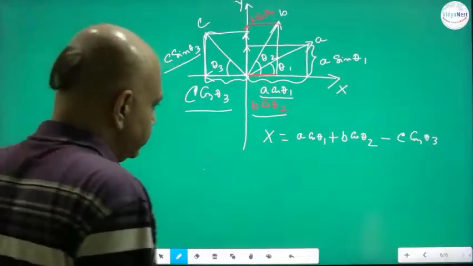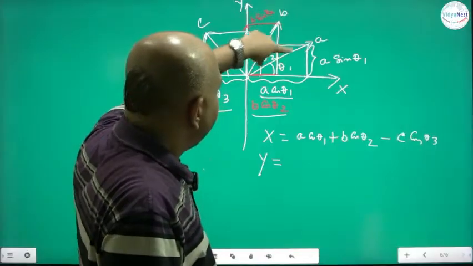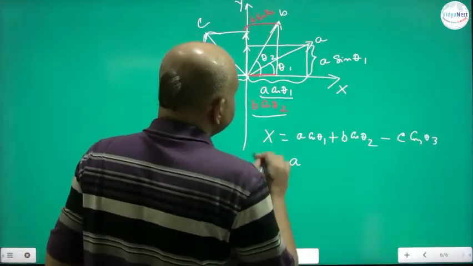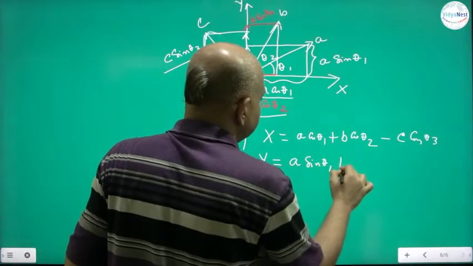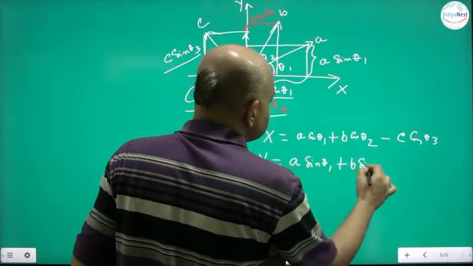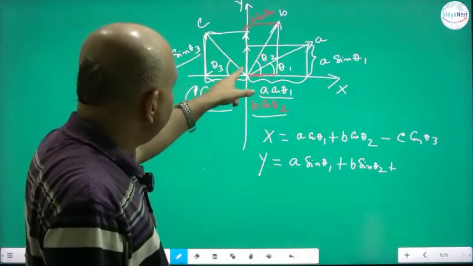Is it clear? Then for y, what can I write? A sin theta 1, B sin theta 2, and C also in its upward direction.